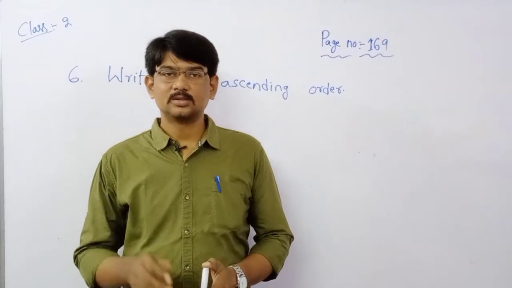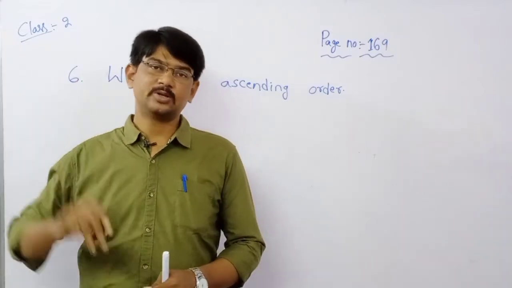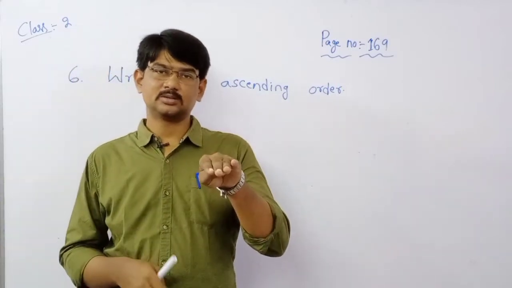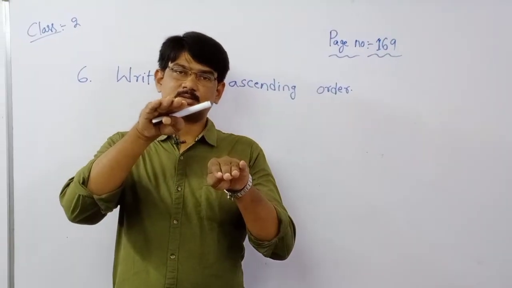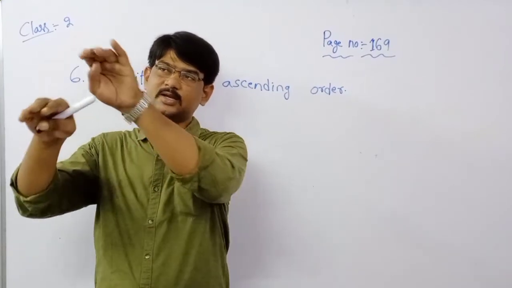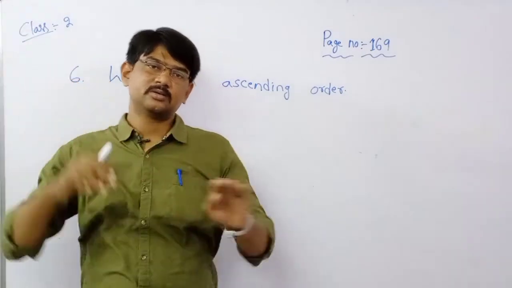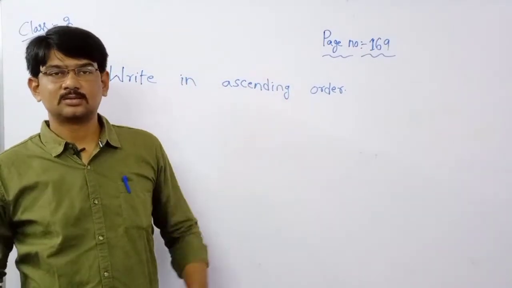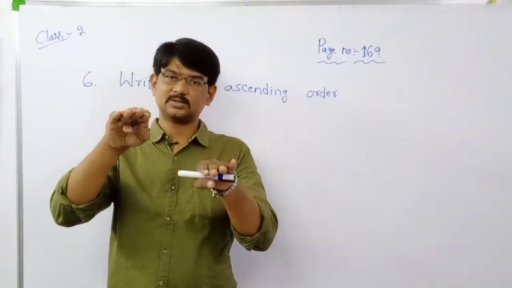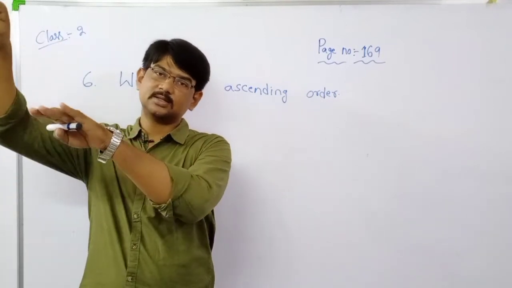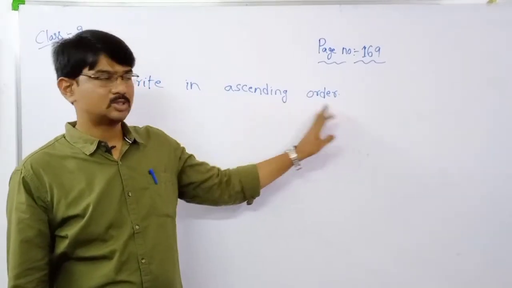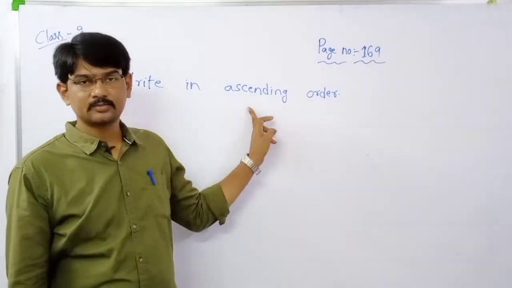If four numbers are given, first the smallest number, next a number bigger than the first, next bigger than the second, next bigger than the third. This process is called ascending order.